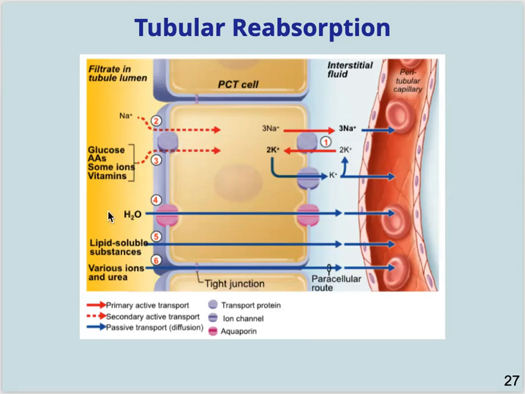If it wasn't for that, our body would actually dehydrate within less than half an hour. In other words, if your body wasn't so good at reabsorbing all these solutes, with water following by osmosis, your body would lose all its fluid volume within less than half an hour.